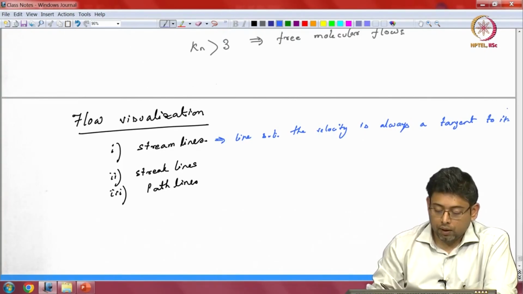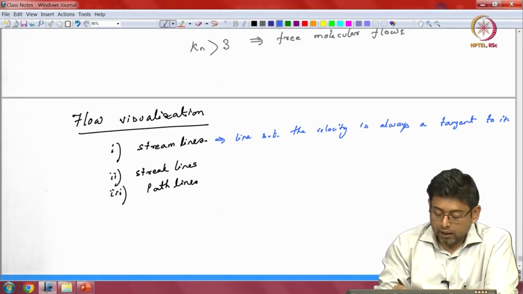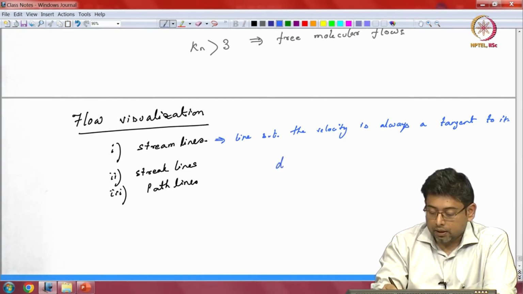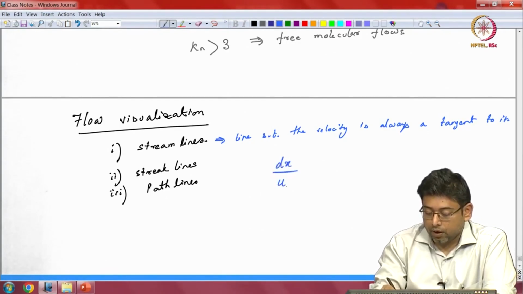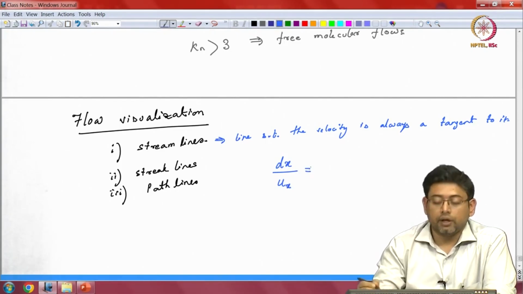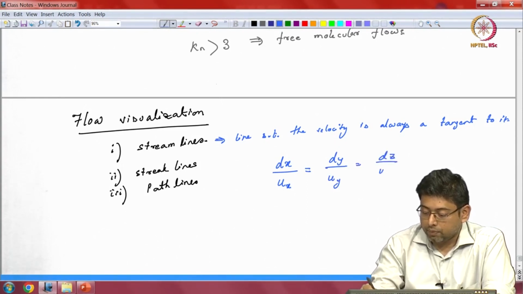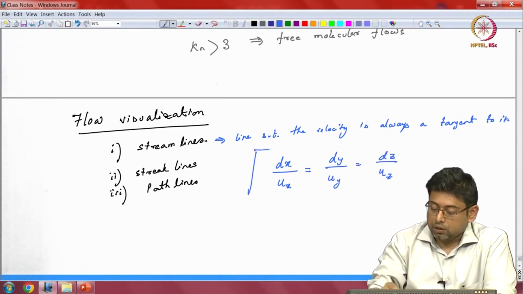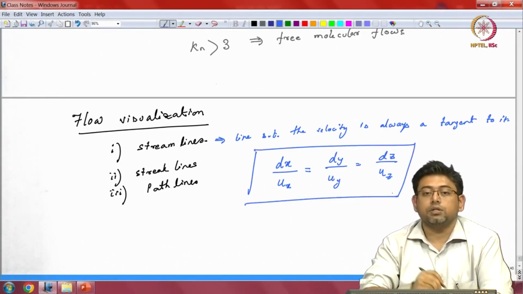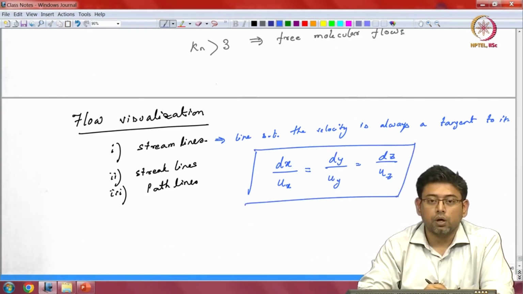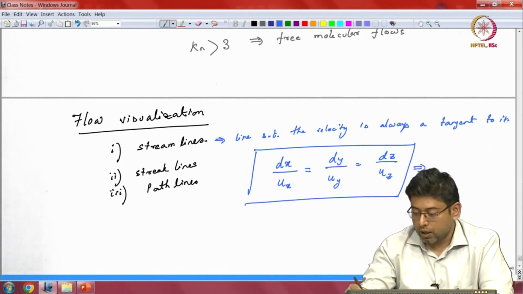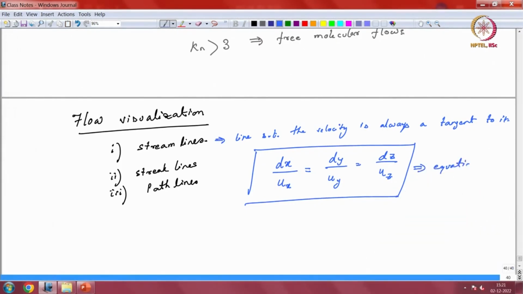You can show from this that the equation for a streamline is dx by ux, the x direction velocity, equals dy by uy equals dz by uz. So, this is the equation which governs streamlines. I am not going to go into the derivation of it, hopefully you are aware of it. So, this is my equation of a streamline.